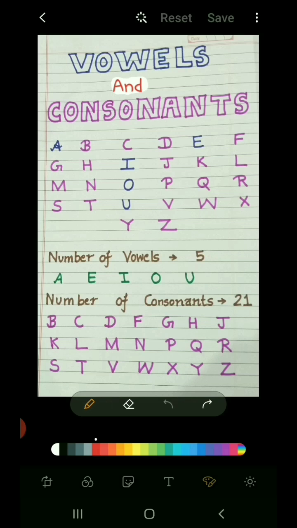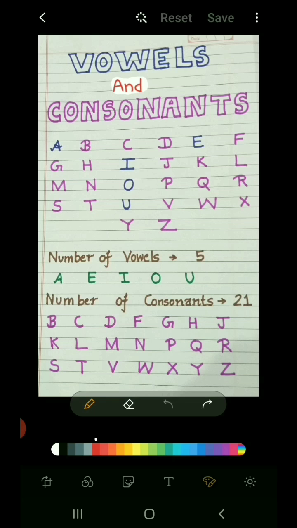B. What is the color of letter B? Correct. The color of letter B is pink. So it's a consonant. Now what about letter C? Pink color. Again it is a consonant. So like this, B, C, D.